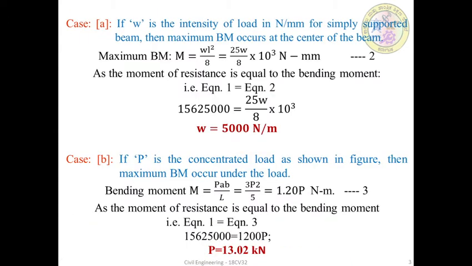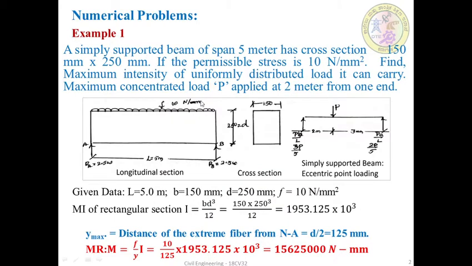Here for the first case, if W is the intensity of load in Newton per millimeter for a simply supported beam, then the maximum bending moment occurs at the center of the beam. So let W be the intensity of the UDL acting over the beam.